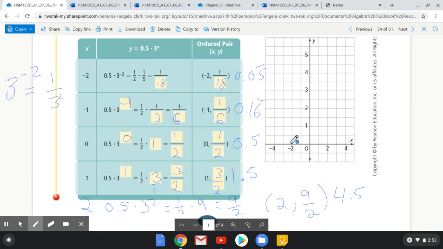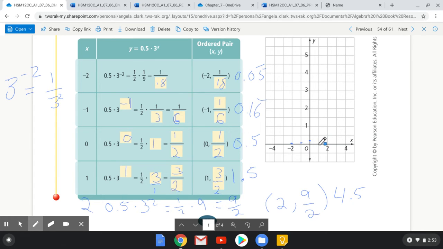And then at -1, we're at 0.16. So we're a little higher than we were on the previous one, but not by much. When x is 0, we're at 1/2. So we're going to be up here at 1/2. That's sort of 1/2. Close enough.